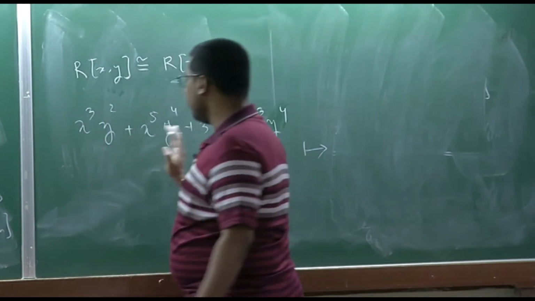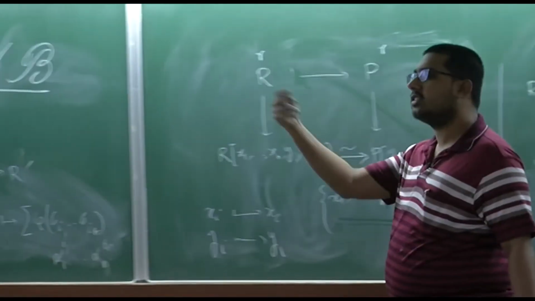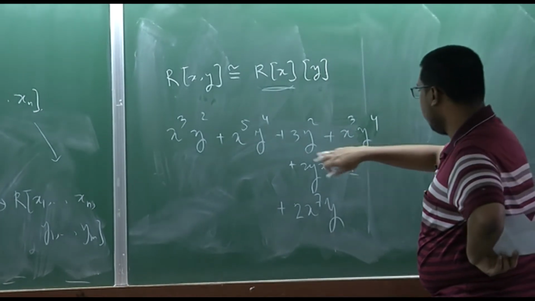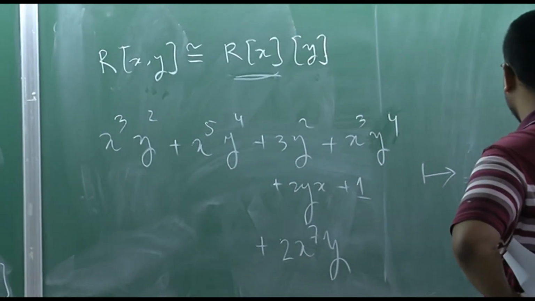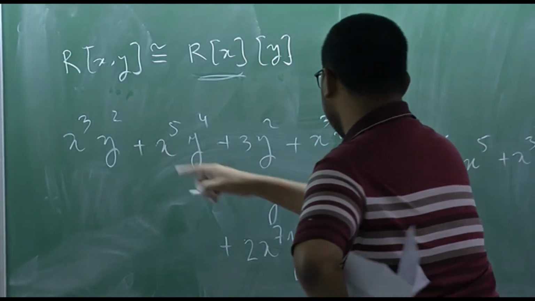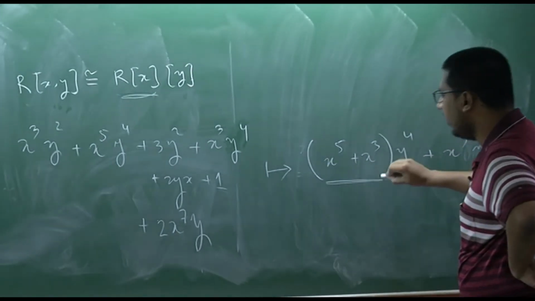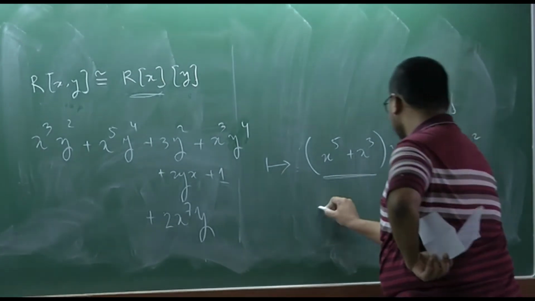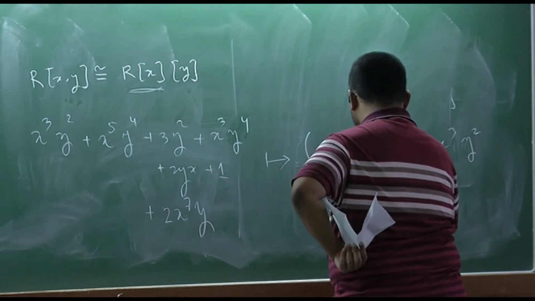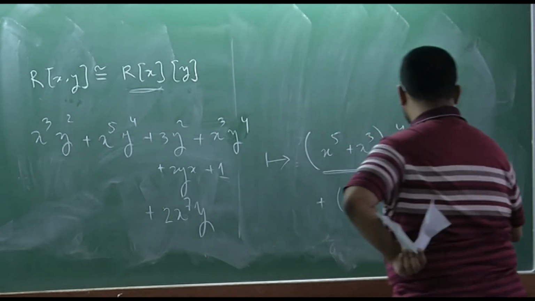Basically we have to view it as a polynomial in the variable y whose coefficients are also polynomials in x. So, the way we should organize that: x to the power 5 plus x cube y to the power 4, then we have x cube y squared. Remember, this is the coefficient ring. And then you understand that 2y plus 2x to the power 7 y plus 1. Okay.